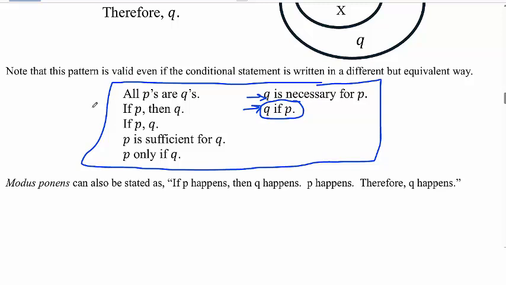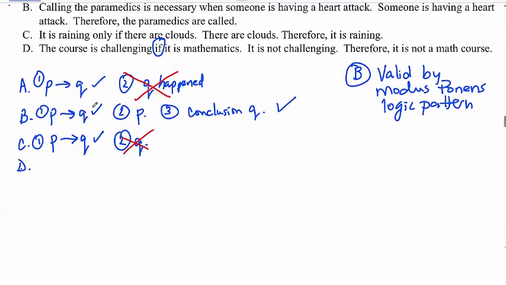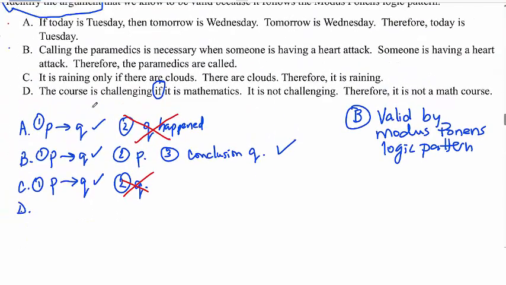This means that the conclusion is at the beginning again, and the hypothesis is at the end anytime we see this pattern. So the P, the hypothesis, would be it's a math class or course, and then this guy is going to be our conclusion, Q. In other words, this is the same as saying if it's a math course, then it's challenging.